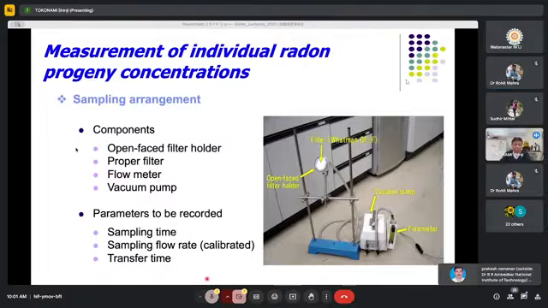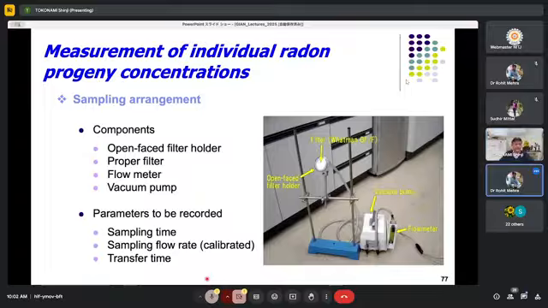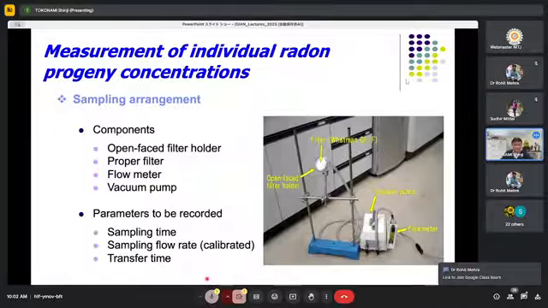Okay. Thank you very much. Hello, everyone. Yesterday, we stopped the talk with this slide on measurement of individual radon progeny concentrations. Before going to the next slide, I'd like to review two questions I got yesterday.